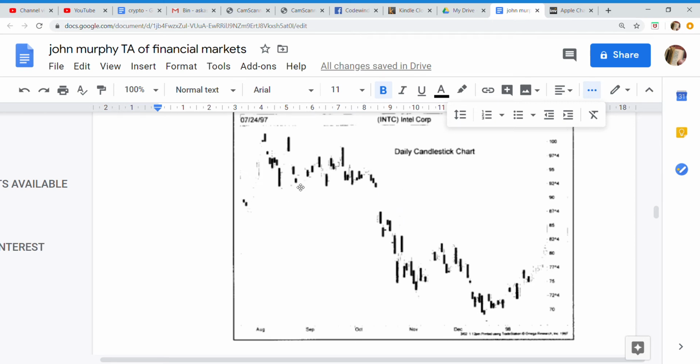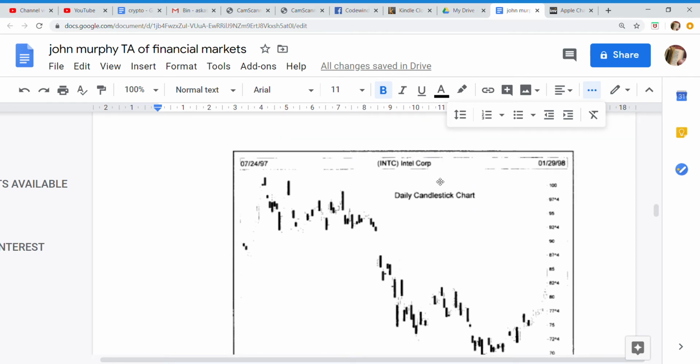So this is a candlestick chart, a daily candlestick chart of Intel Corporation.